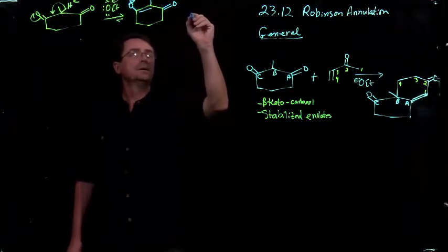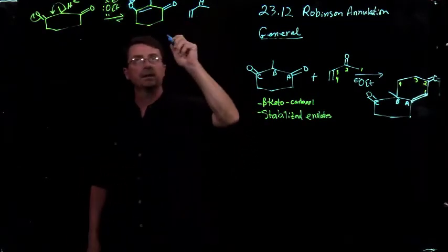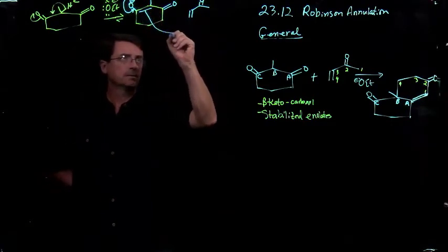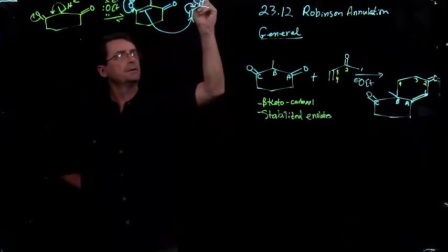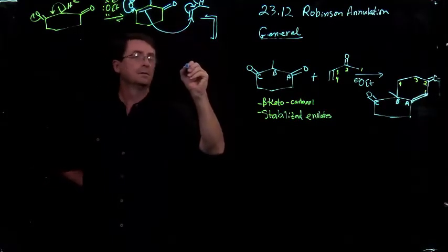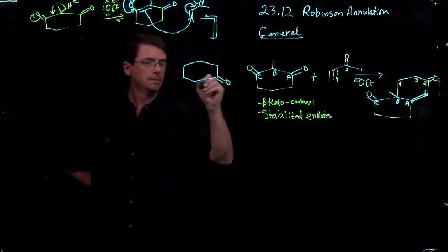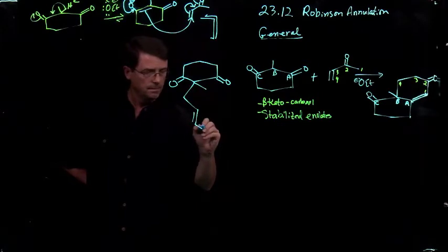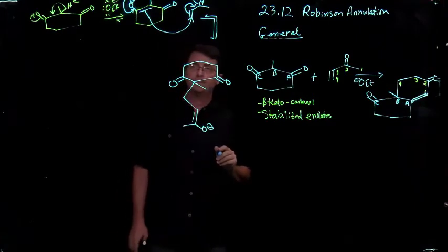They can then undergo a Michael addition to, in this case, methyl vinyl ketone. So starting at the highest electron density, the anion swings down, nucleophilic attack on the electrophile, and we have the Michael type addition.